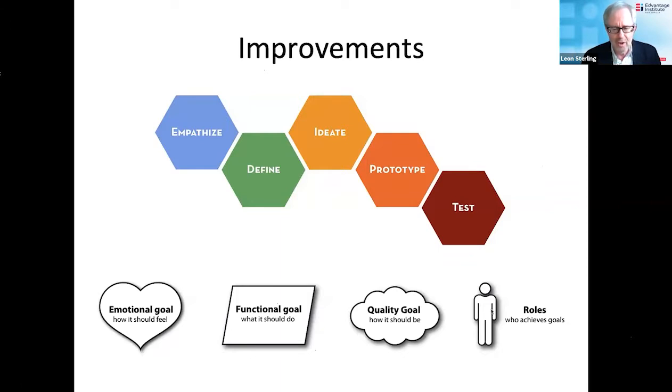Who are the stakeholders, roles? Who are the people involved that the service or the project needs to interact with? And this is a new one indicated by a heart, is how do you want people to feel when they interact with the service? And that is a very, very powerful question to ask that often people don't ask.